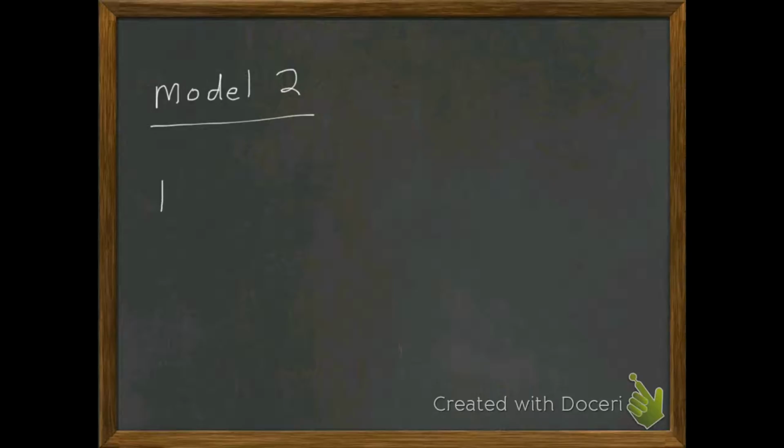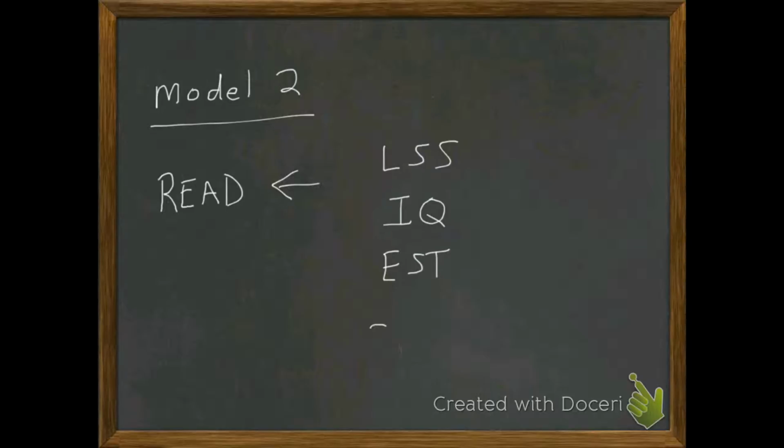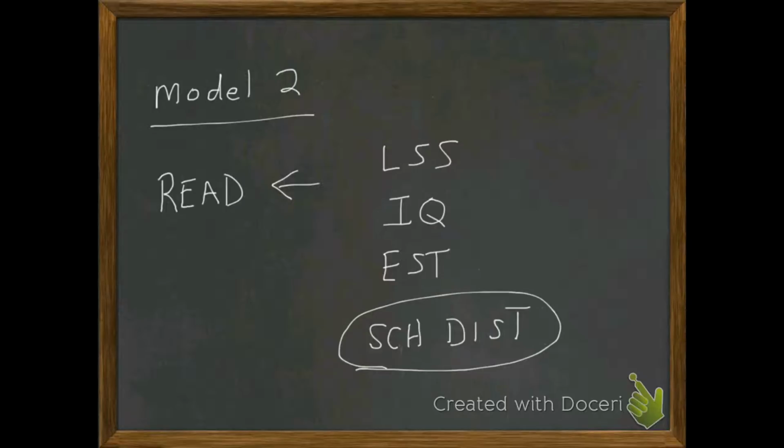And what I want to be able to do here is predict read from LSS, quantitative, IQ, quantitative, EST, quantitative, school district, not quantitative, and it's categorical with more than 2 groups.